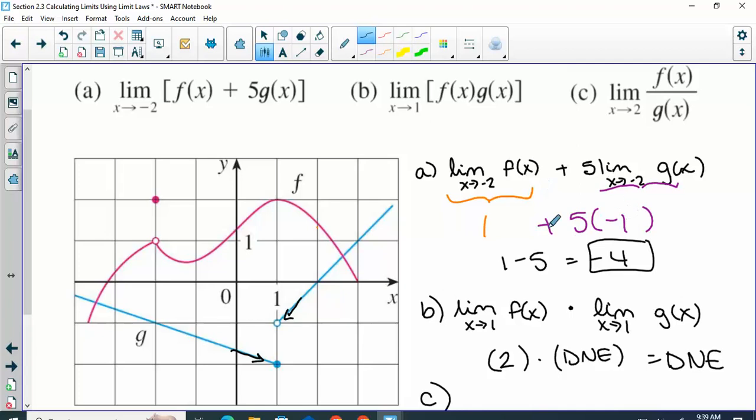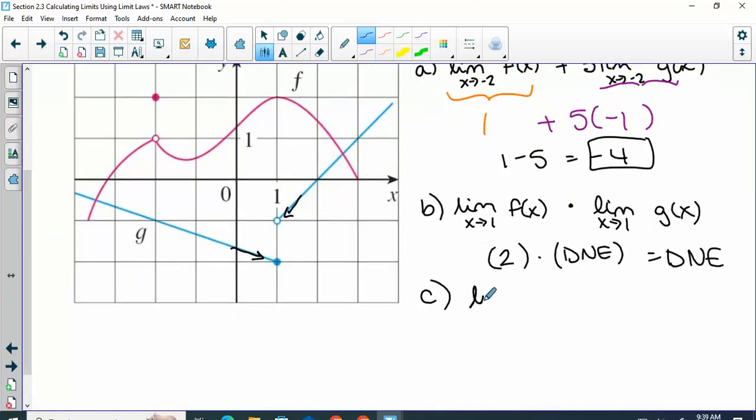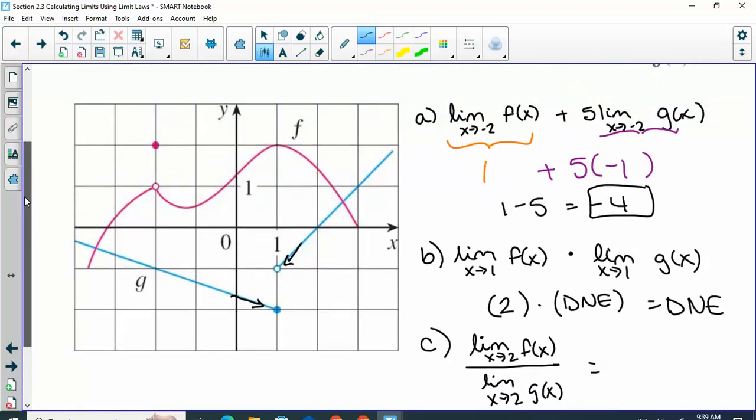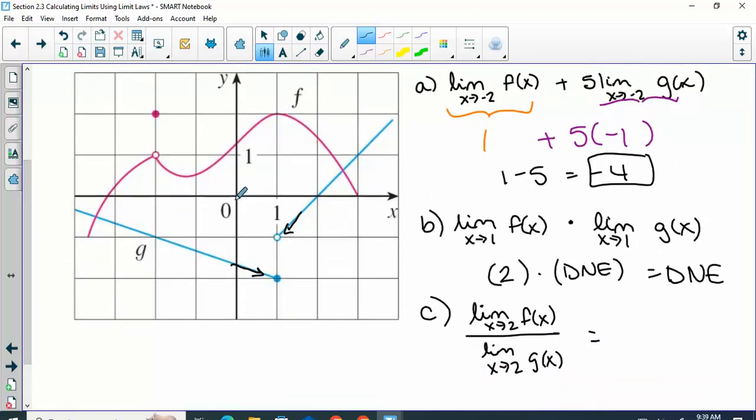Last one, the limit as x approaches 2 of f of x over g of x. So we separate those. The limit as x approaches 2 of f.